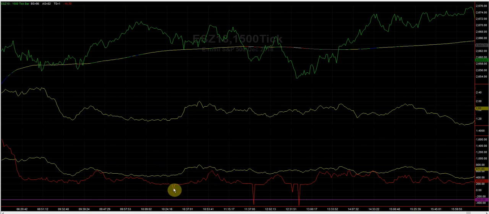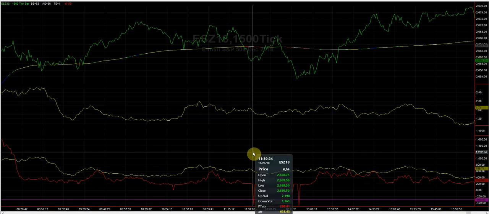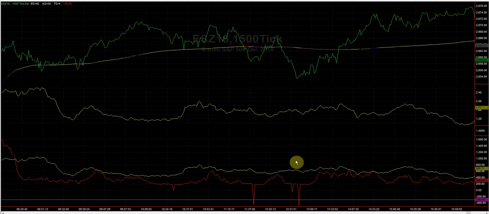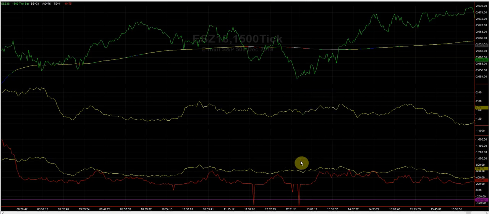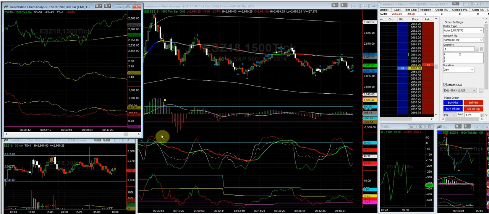These occurrences indicate a possible change to the upside. So we can see that occurring right here, and we see that occurring right here, and then we can take advantage of those changes. So let's collapse this screen again now and bring it up to real time here.